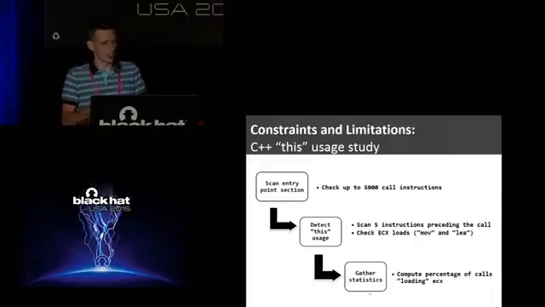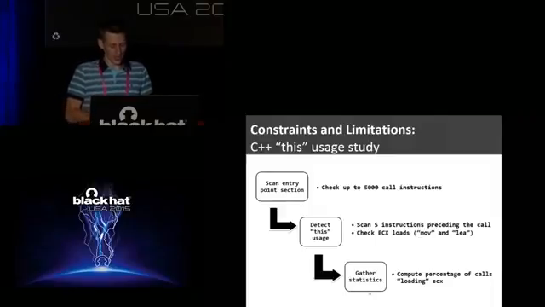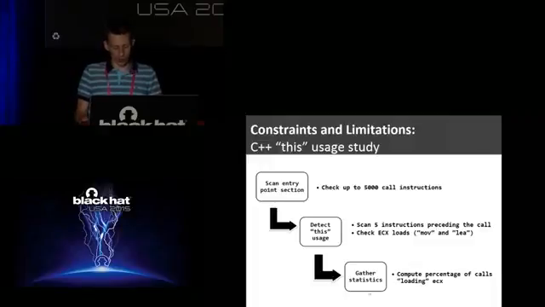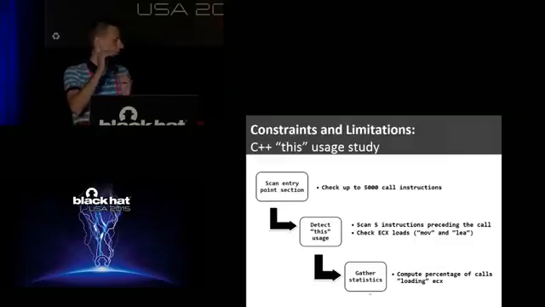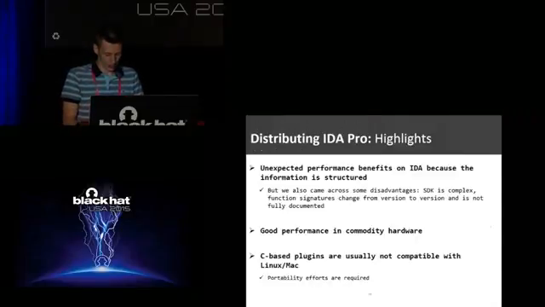So this is either a move instruction or a load effective address instruction. And then we were computing a percentage of calls with load in ECX. Later, as Gabriel will show, we defined some threshold constant: when the percentage of these calls manipulating ECX is higher than this cutoff, this sample is considered as Visual C++.